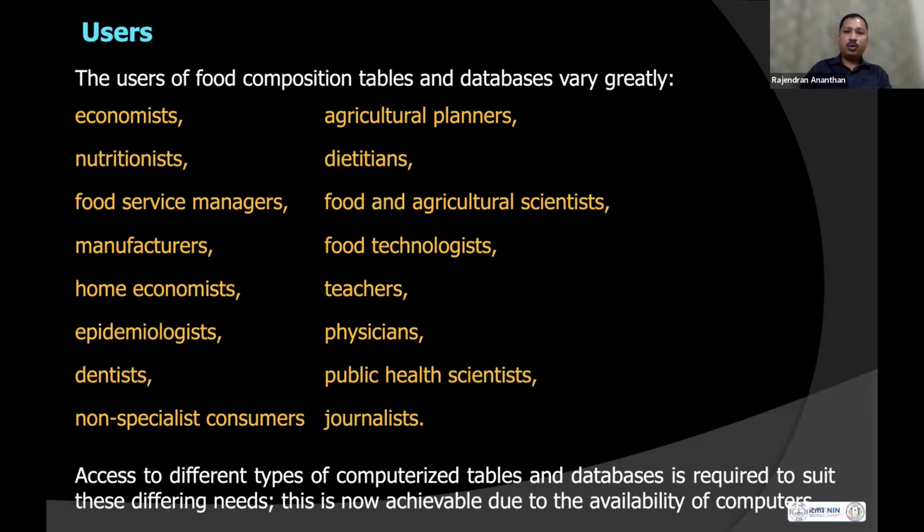Yes, now we are closely working with the food and agriculture scientists based on this database, and then food manufacturers, food technologists, teachers, home economists, epidemiologists, physicians, dentists, public health scientists, non-specialist consumers, and journalists. Everybody is following the food composition table.